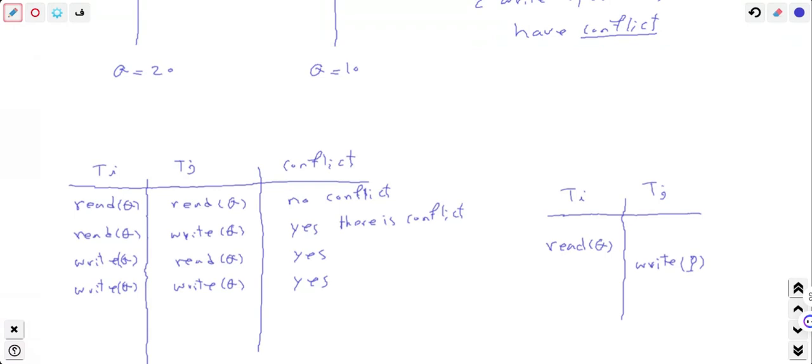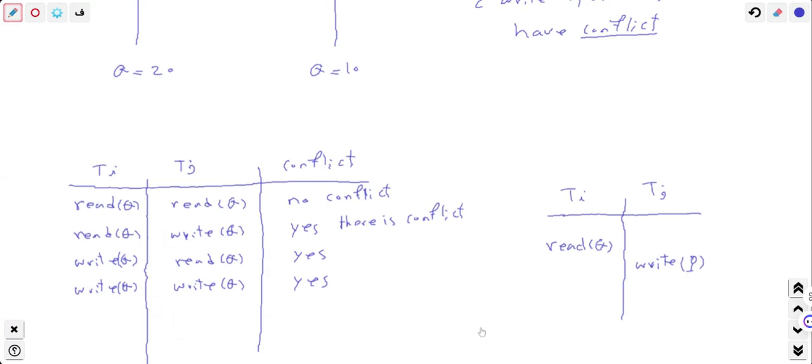So when the data items are different, we do not have conflict. If the data item is the same, for example, Q and Q, and if we have only reads, we do not have conflict. But if we have a write, for example, read and write, write and read, or write and write, and the data items are the same, we have conflict.